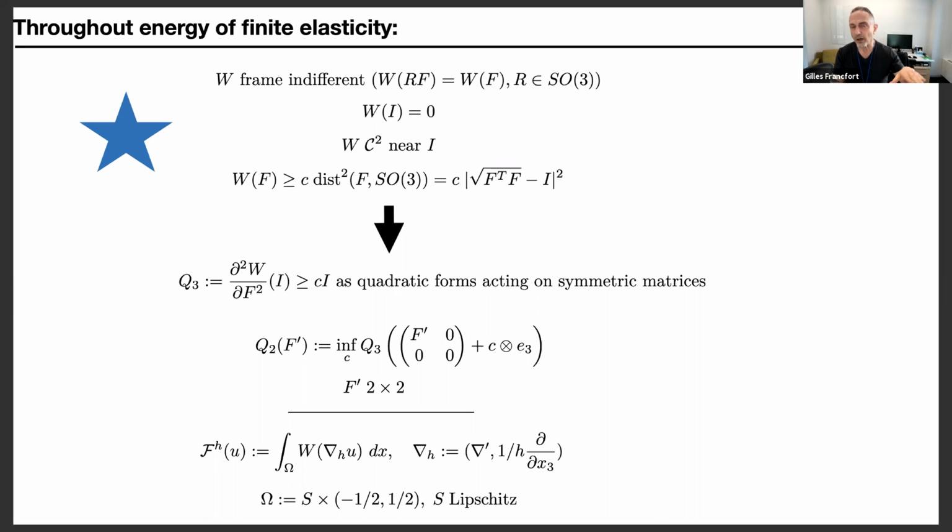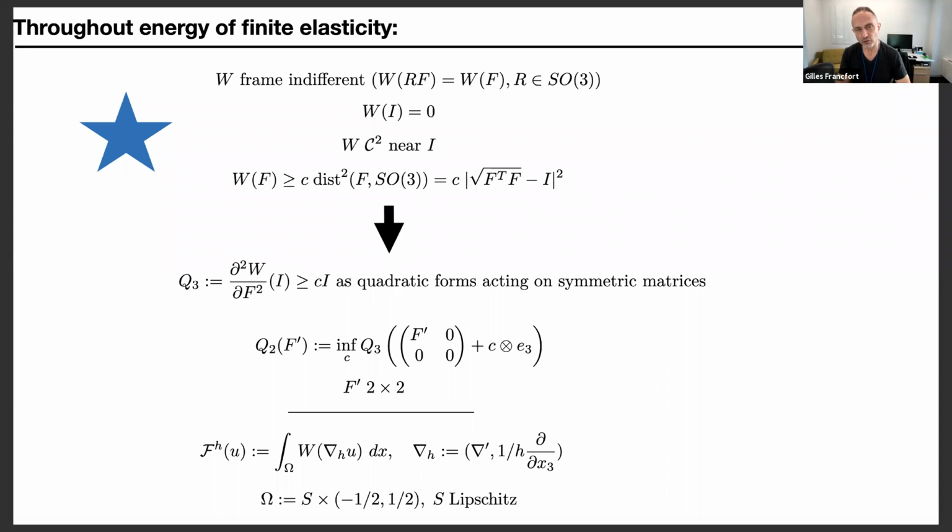So it's minimum at the identity. And we're going to assume some kind of smoothness in a small neighborhood of the identity. And we're also going to assume that when you're close to the identity, essentially you're quadratic.